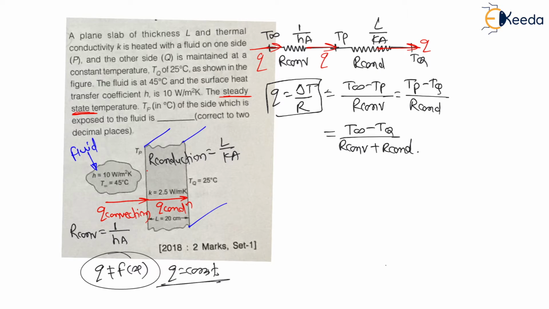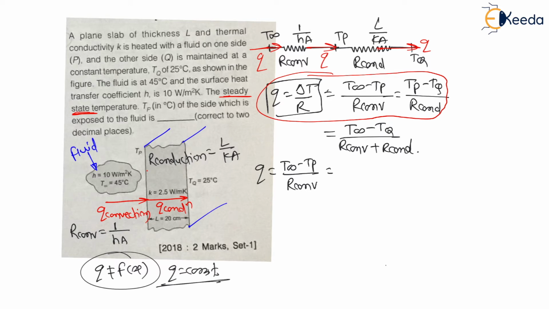Now let us equate the first two equations. The heat transfer through this circuit, or convection conduction heat transfer, will be equal to T infinity minus Tp divided by R convection, which is equal to Tp minus Tq divided by R conduction.